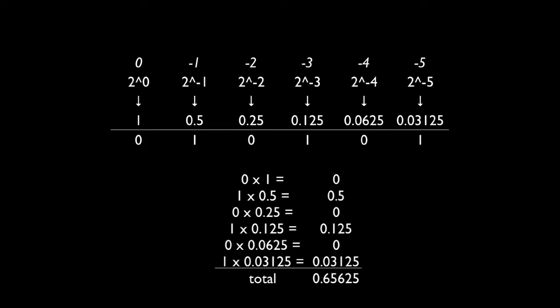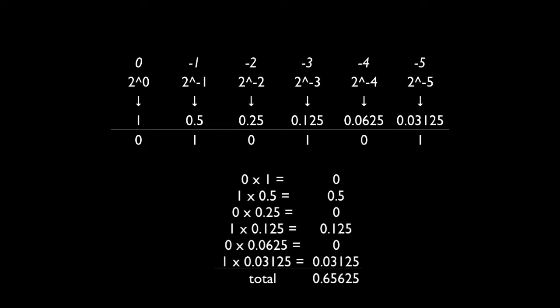Now, here we only have like 6 or 7 values, right? When the computer's working, it's actually working with 32 or 64, so the fractions get really small as we keep on going down. But what's going to end up happening is that depending on your decimal, you may not be able to represent it exactly, right? You may have a situation where the sum of all these little small parts cannot be made to add up exactly to what you want.